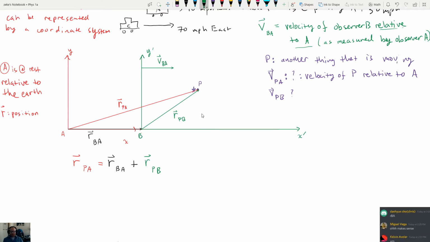Okay, so the next step is really simple, and we'll immediately get to what we wanted to prove from this. The next thing we do is we just take the derivative of the whole expression, the derivative with respect to time. So what we end up getting is the derivative of the position of object P relative to A with respect to time should be equal to the derivative of this plus the derivative of this.